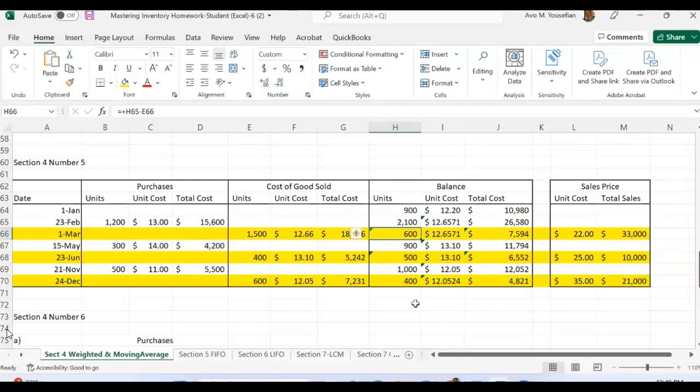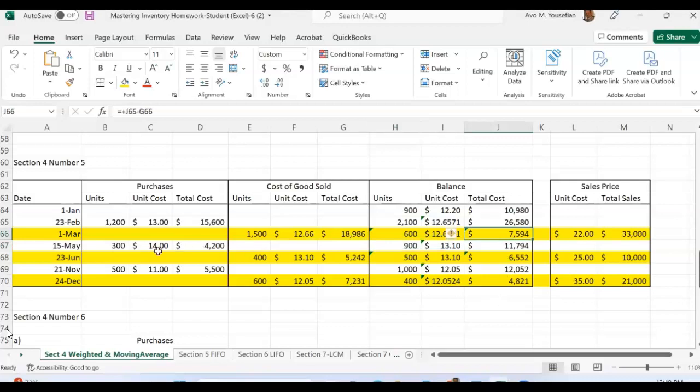And 600 units left. But in May, we purchased again 300 units at a different price of $14. So that cost is 4,200, and that's the formula. Therefore, all of a sudden, we have 600 units here plus 300 units here equals 900 units available.